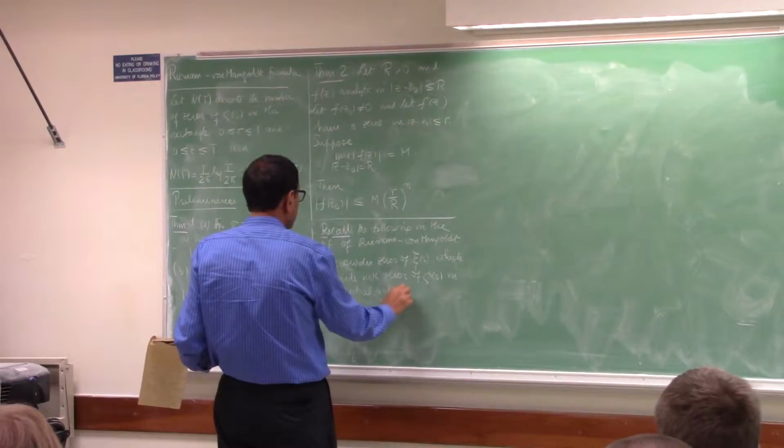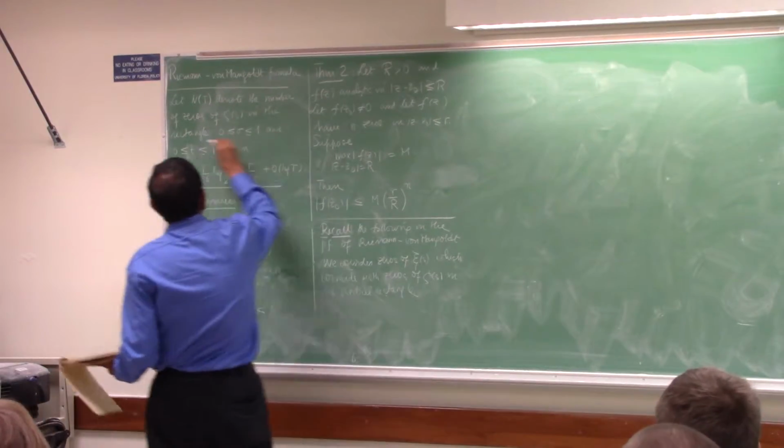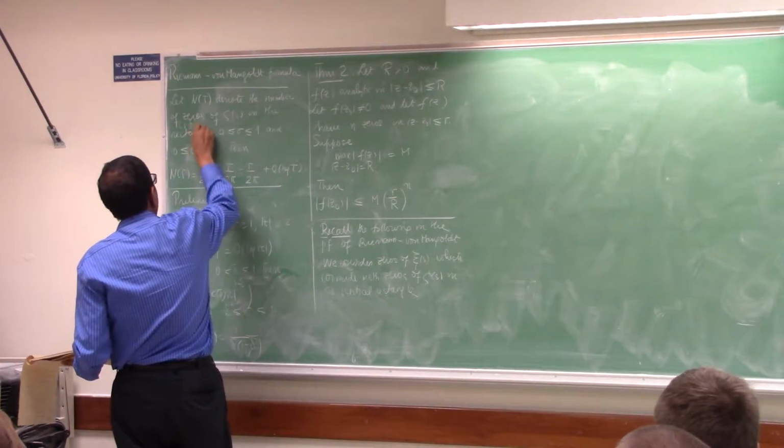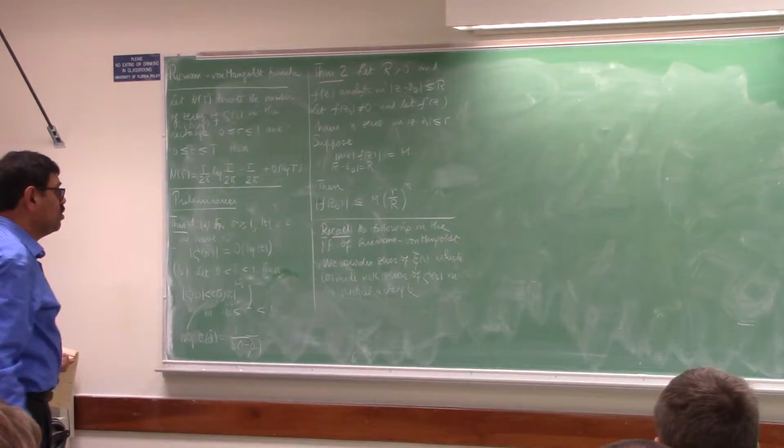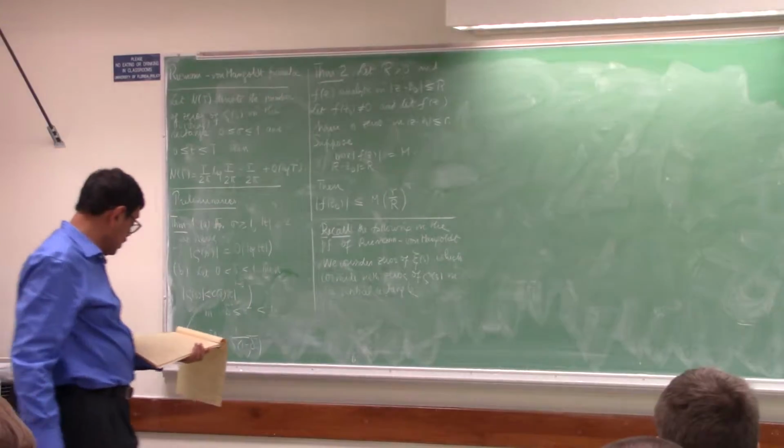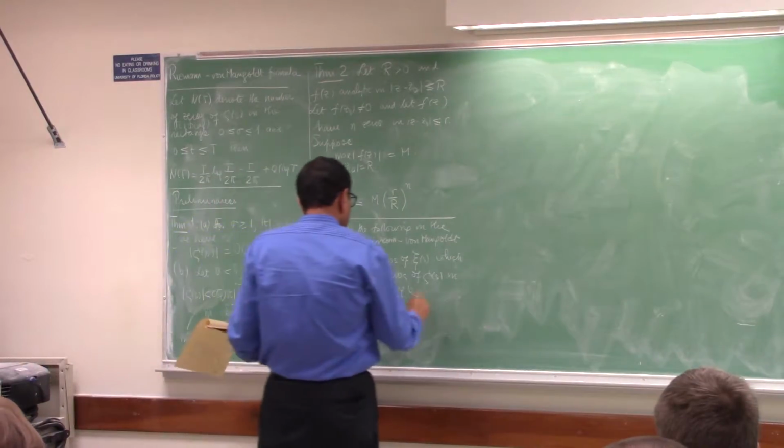Okay, so this I call the critical rectangle, because it's in the critical strip. All right, so the zeros of the xi function and the zeta function coincide in this.